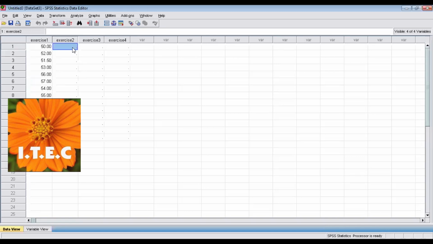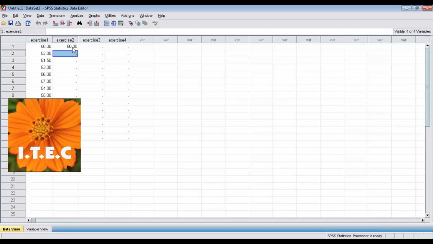They do physical exercise for 15 days. After 15 days, you take their weight and this is the weight you have got. Now again they are doing the exercise.